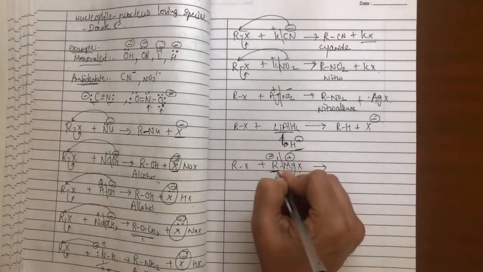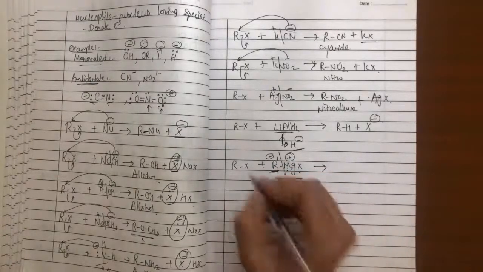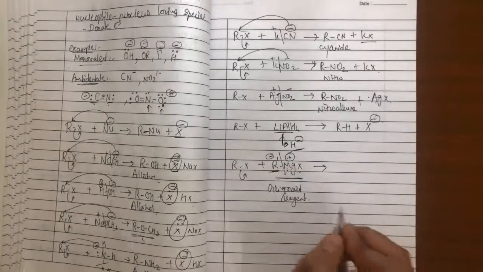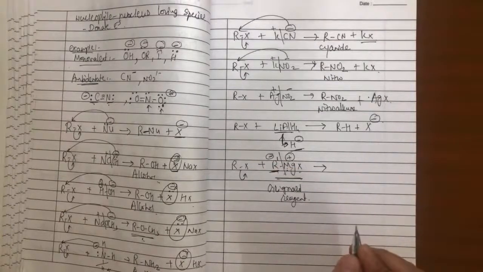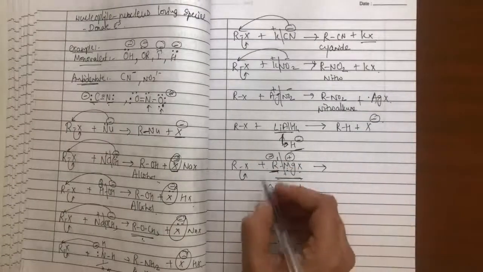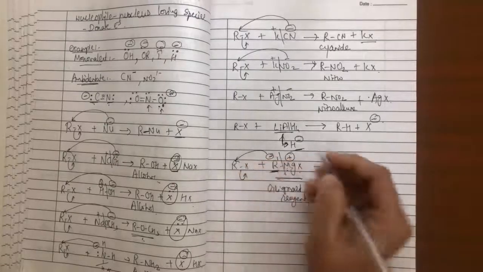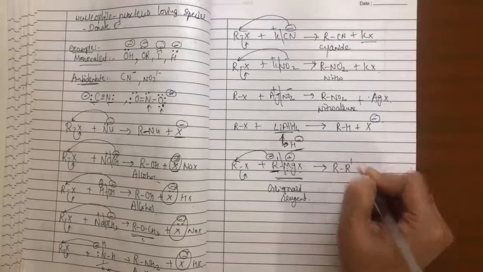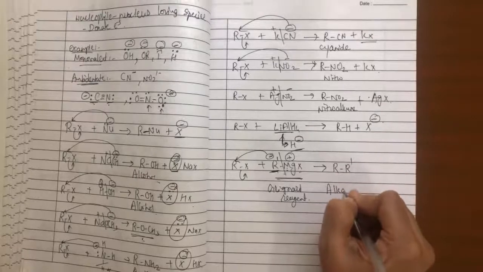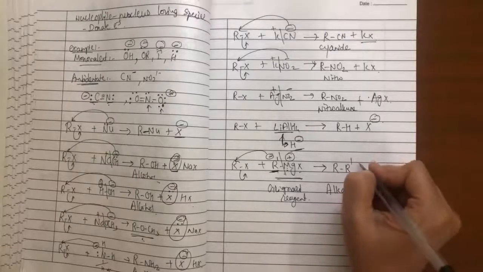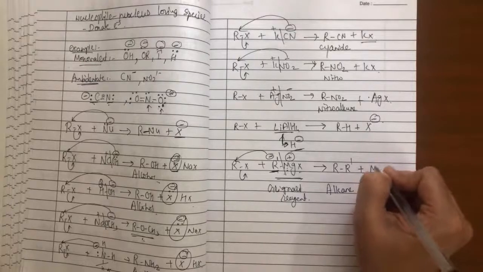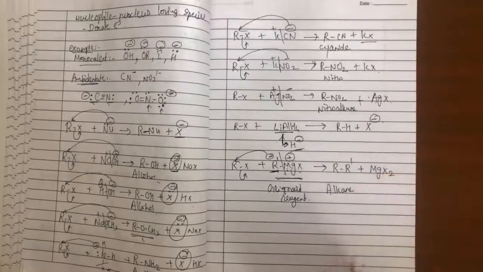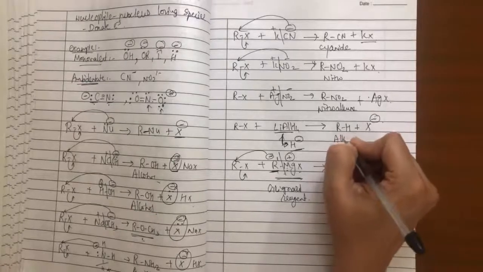So here this alkyl chain acts as a nucleophile. From here the bond cleaves, so the bond electrons transfer onto the halogen. Now this will attack over here and the compound formed is RR dash, alkane, plus MgX2. So this is the product formed over here, alkane.